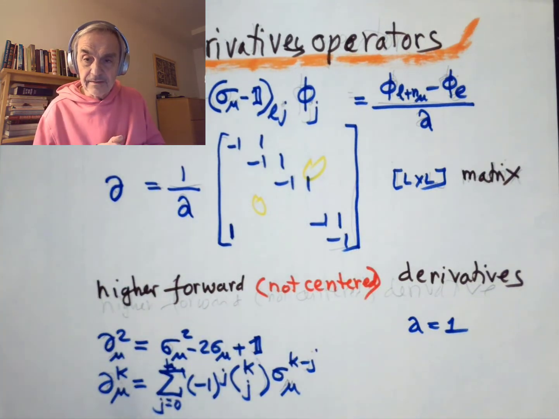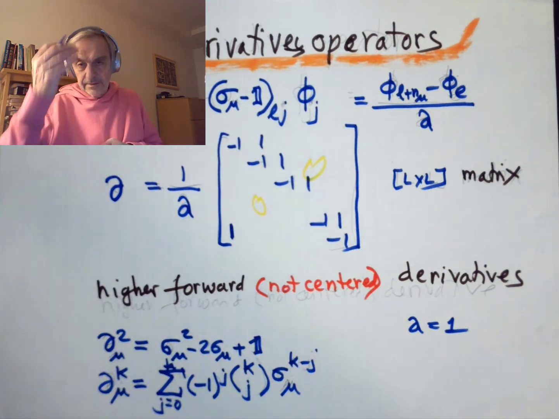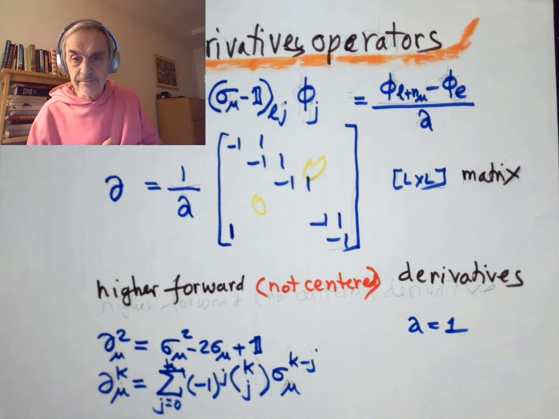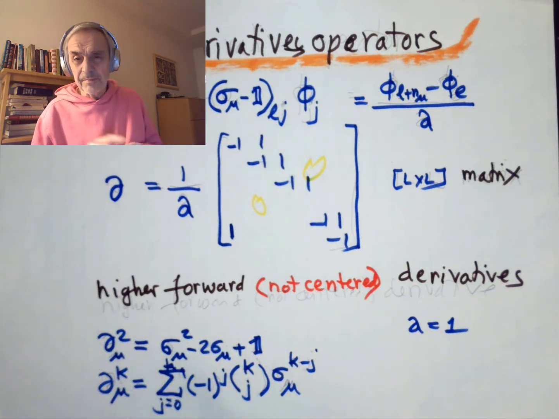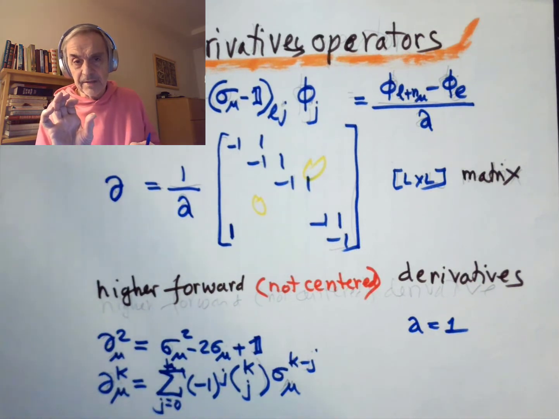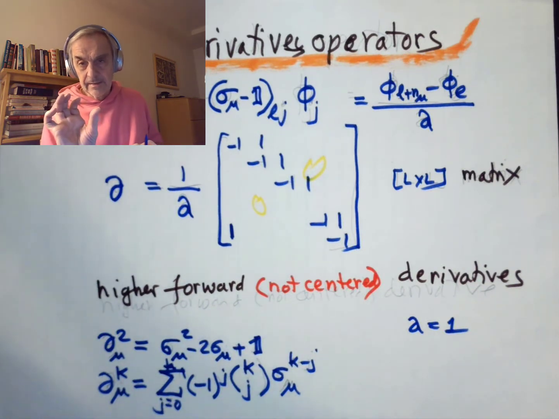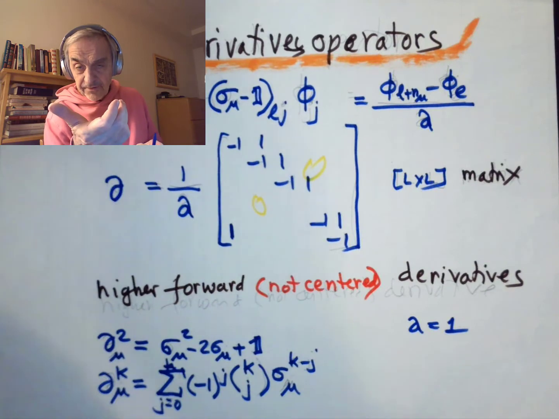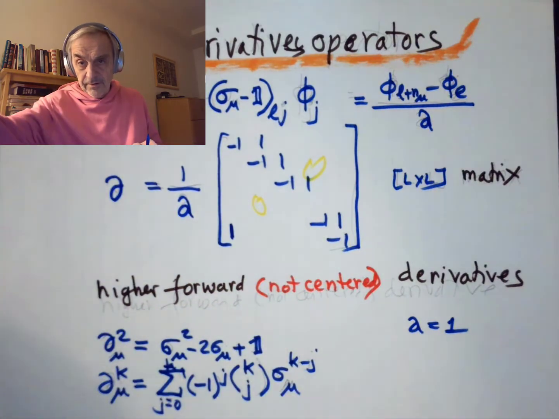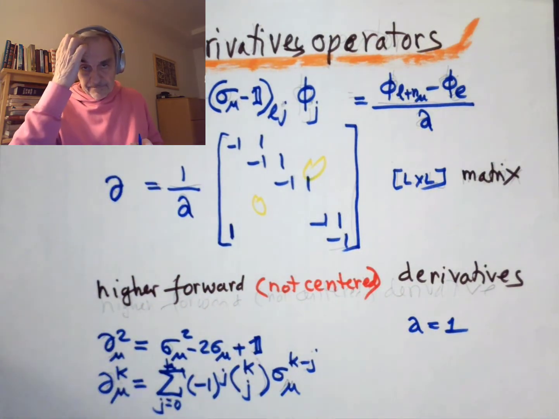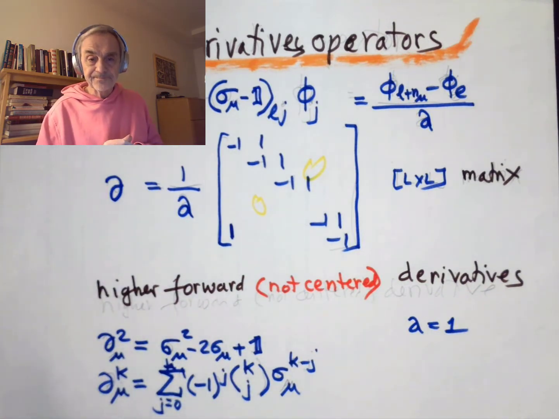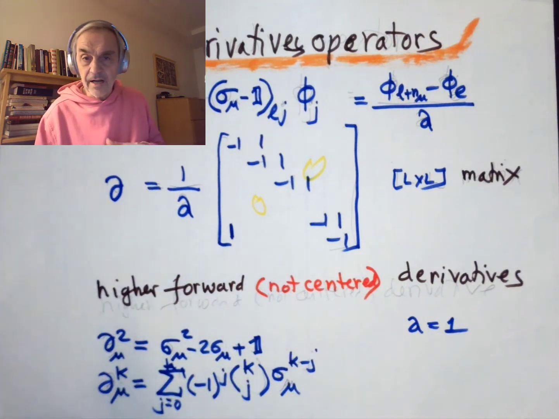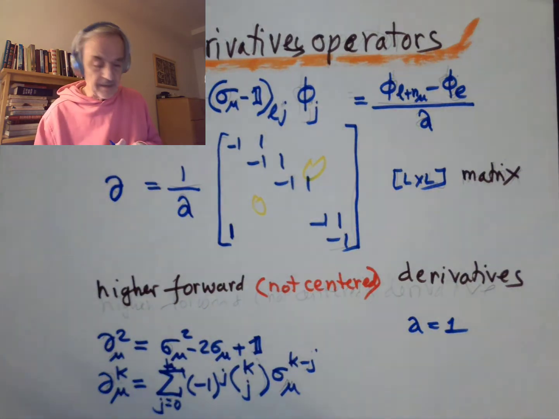Derivatives of the field don't care about changing the value of all fields by a constant. But also there are symmetries. For example, sometimes the laws of nature are invariant under time reversal. Instead of going forward, we go backwards. And they're written in terms of time derivatives. And these non-centered guys are not obviously time reversal invariant, so there is something to worry about.